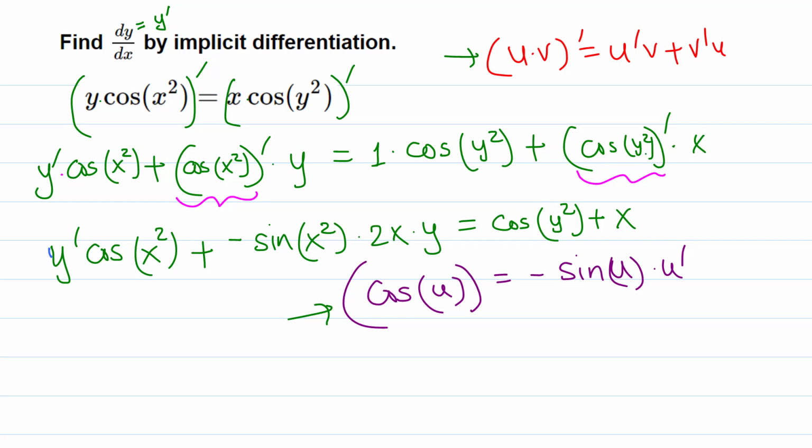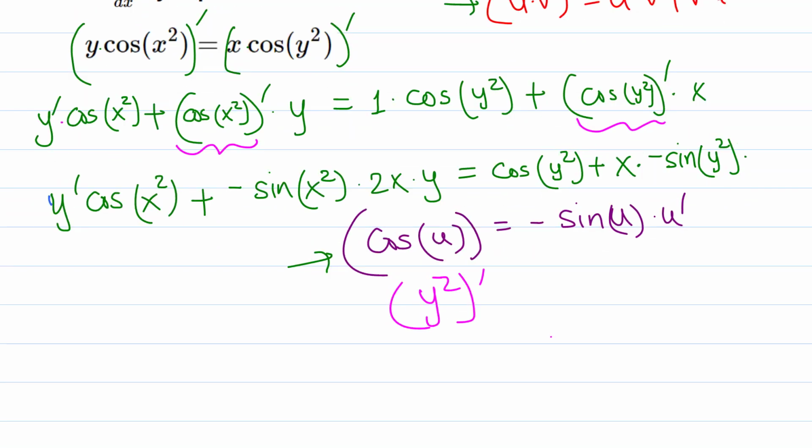Now the derivative of cosine u, using this chain rule, we get negative sine y squared times the derivative of y squared. What is the derivative of y squared? This derivative is with respect to x. So this would have been 2y, but since we are finding the derivative with respect to x, we need to multiply by y prime. y prime means dy over dx.